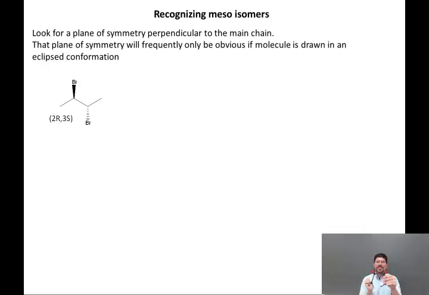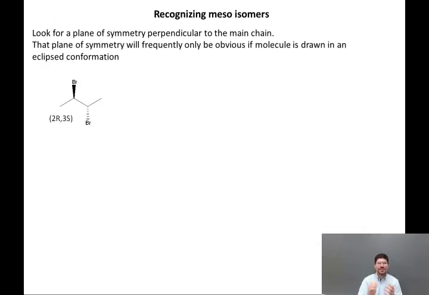And that plane of symmetry will frequently only be obvious if the molecule is drawn in the eclipsed conformation, which is the same conformation I had to put it into when I superimposed them. Okay, so drawn here is the 2R3S, the meso isomer, and it does not look like it has a plane of symmetry just looking at it like this.